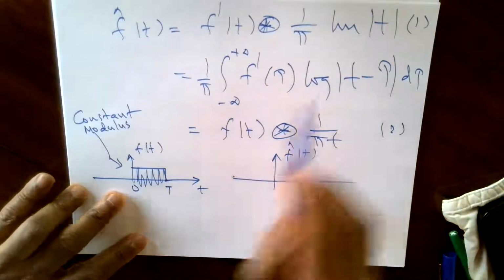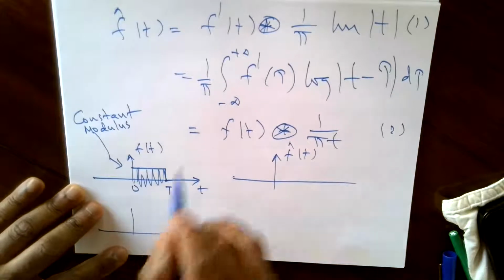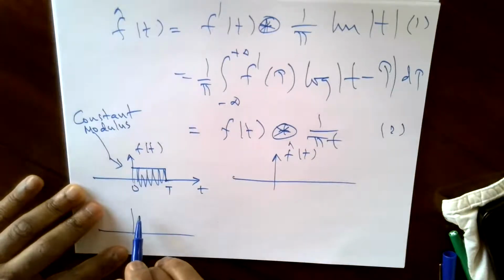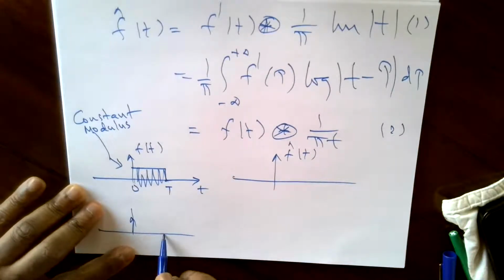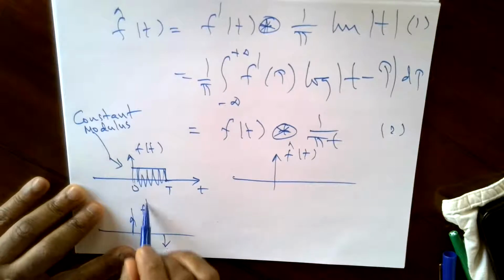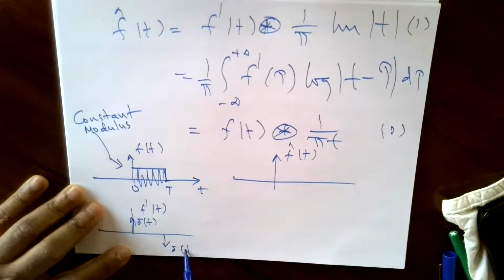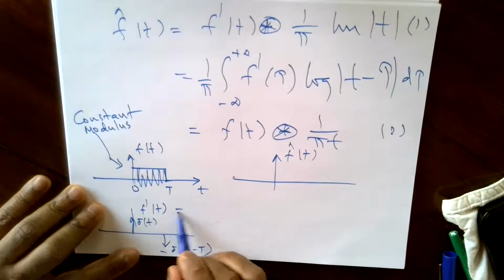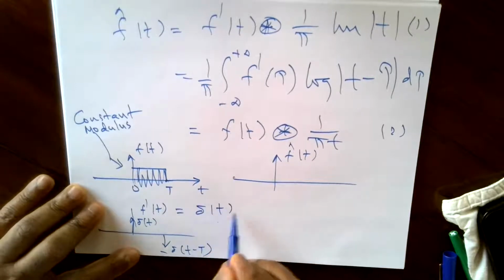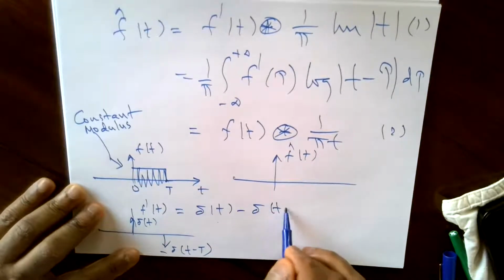So this formula is handier, because if you do this, its derivative is just 2 impulses, right? So f prime t is delta t minus delta of t minus T, with a minus sign.